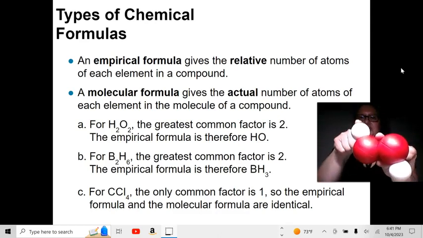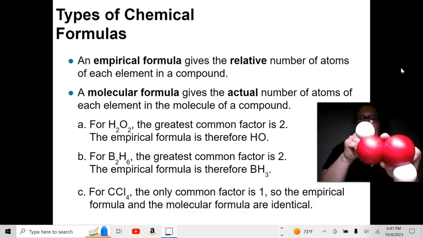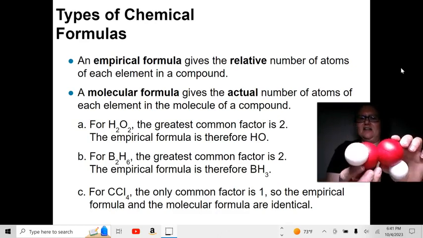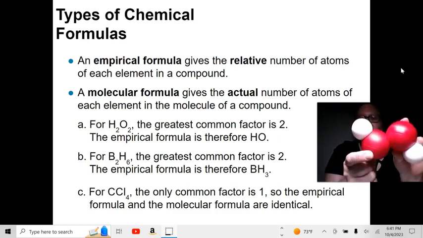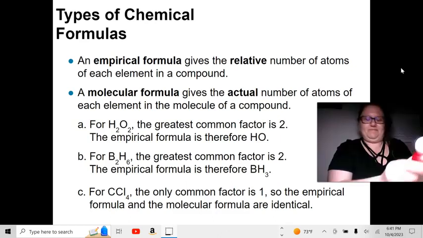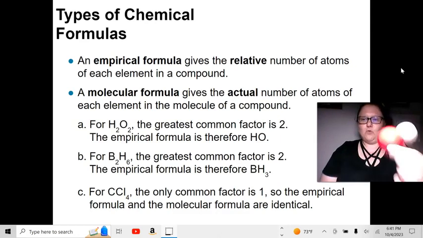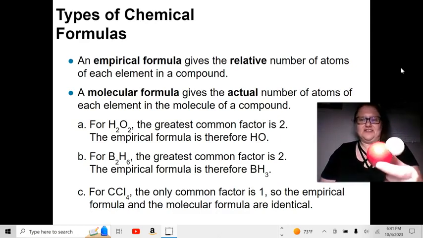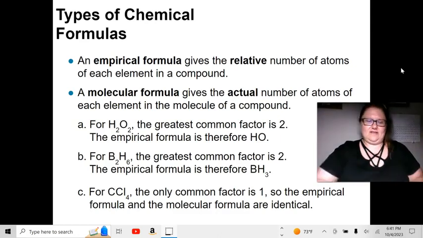The empirical formula is the lowest whole number ratio of each element. And so if I have 2 of each, I could mathematically reduce that, right, and say not for every 2 oxygen there are 2 hydrogen, but for every 1 oxygen there is 1 hydrogen. So looking at the subscripts here, you would look at those and say, can you reduce these 2 numbers?